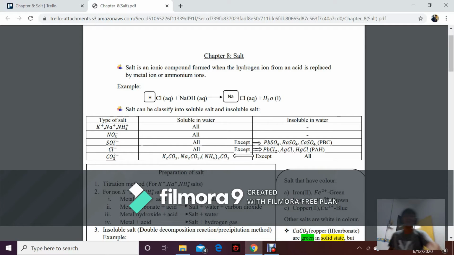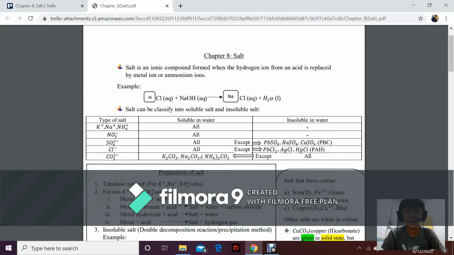So next we will go to the sulfate salt. Sulfate salt is SO4 2-. The salt consists of this SO4 2- ion. If you see this SO4 2- salt, for example PbSO4, BaSO4, CaSO4, these three are insoluble in water.